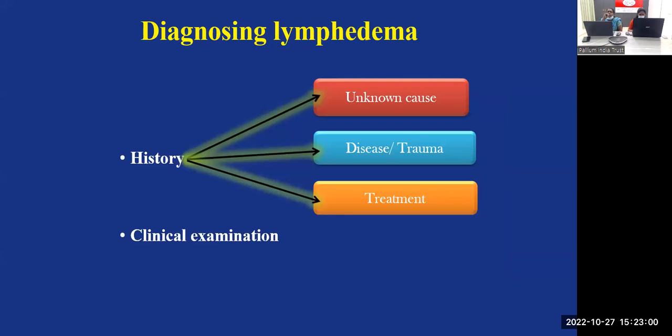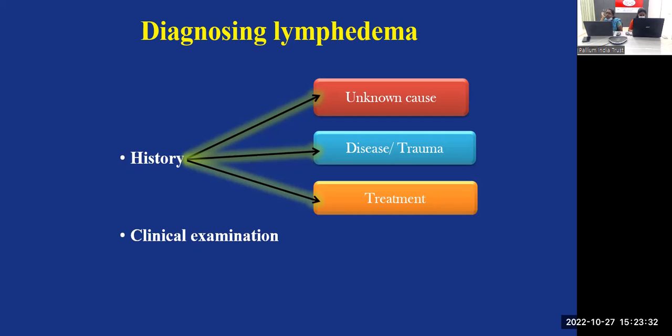So how to diagnose? We need to understand that there are persons having edema in their lower limbs because of renal problems, pulmonary problems, or cardiac issues. So whenever you see a patient with edema, you have to take a proper history. Is there an unknown cause?